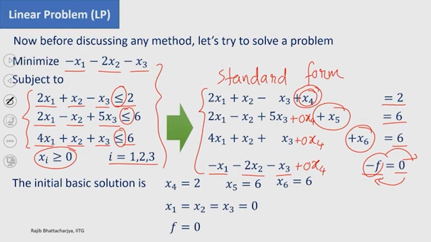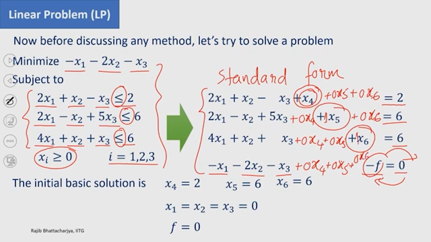Similarly for x 5, this is plus 0 x 5, and this is plus 0 x 5. Here also the coefficient of x 5 is 1, and for the other equations it is 0. Similarly for x 6, here it is 0 x 6 plus 0 x 6, and here it is plus 0 x 6.